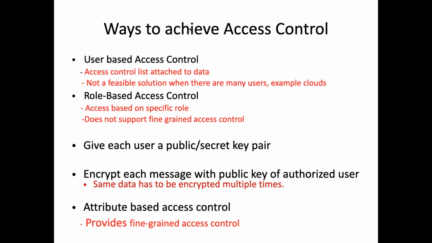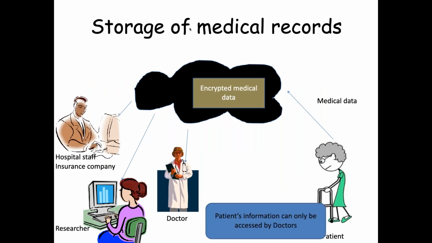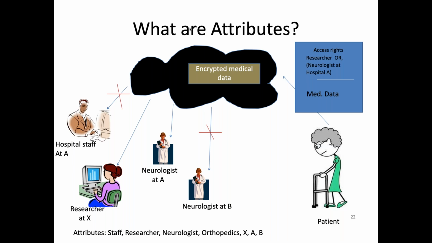And in order to provide fine-grained access control, we would like to associate some attributes to the data. The access rights might look like: a researcher or a neurologist at hospital A can access this medical data. The patient can come up with this kind of access policy and attach it to the data.